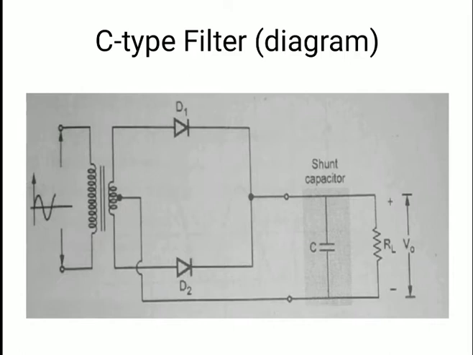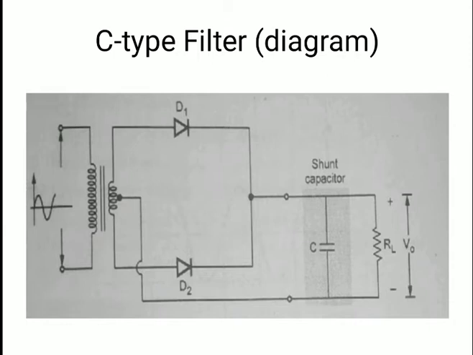A capacitor has the property to store voltage. It stores the voltage, and when the circuit needs the voltage, it will supply it. That means it opposes the change in voltage. Here we have to understand that the capacitor charges and the capacitor discharges.